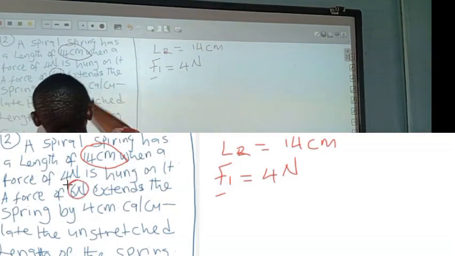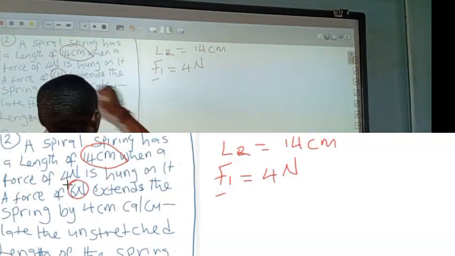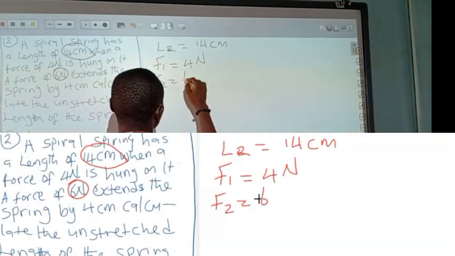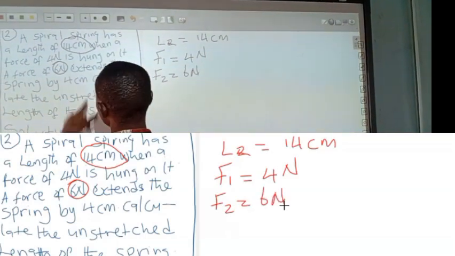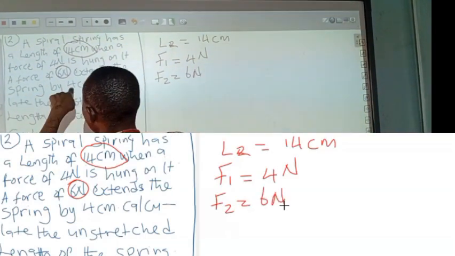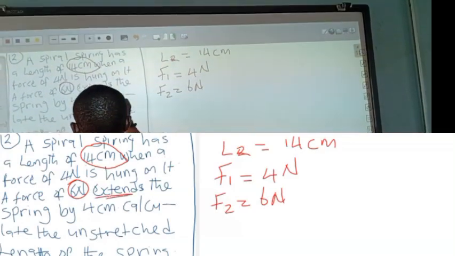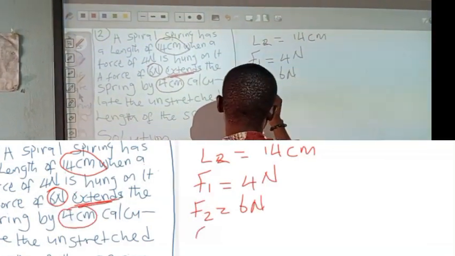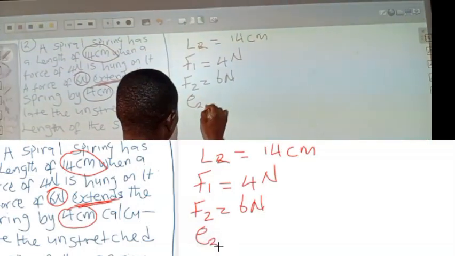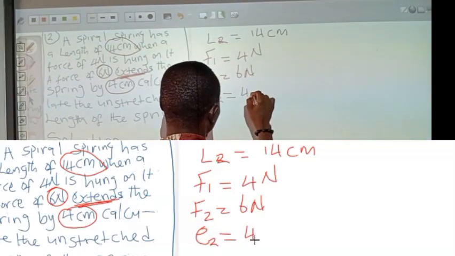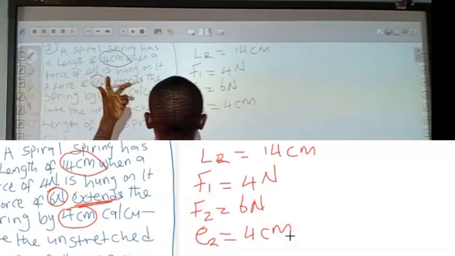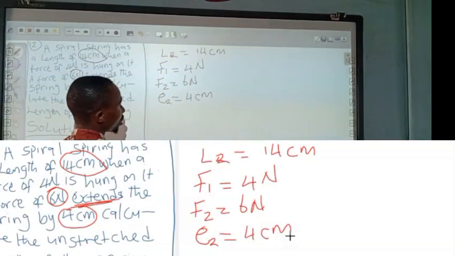F2 is equal to 6 Newton, extends the spring by 4 centimeter. This word extend simply means this is my extension. So I am going to have my E2 is equal to 4 centimeter. Okay, these are the parameters given in the question.